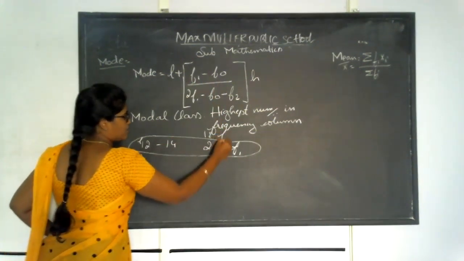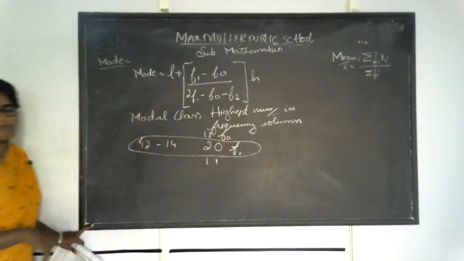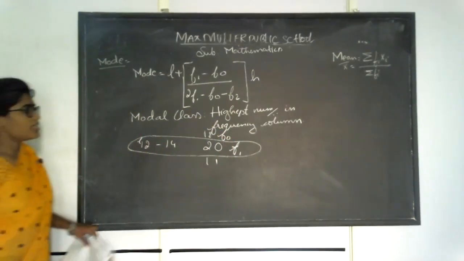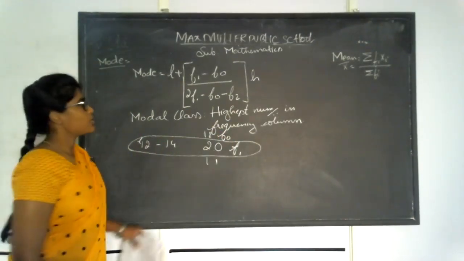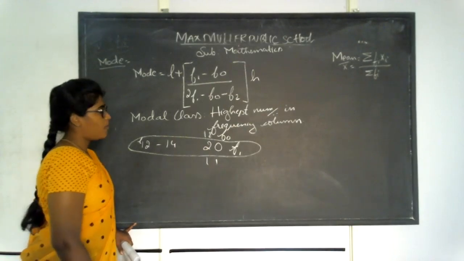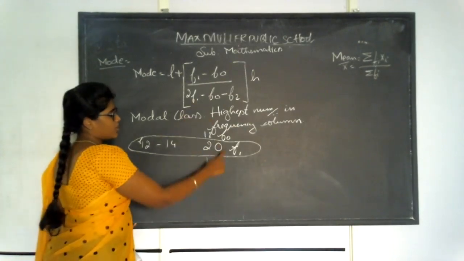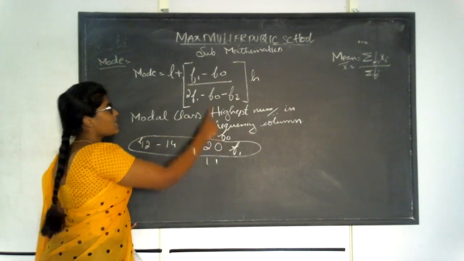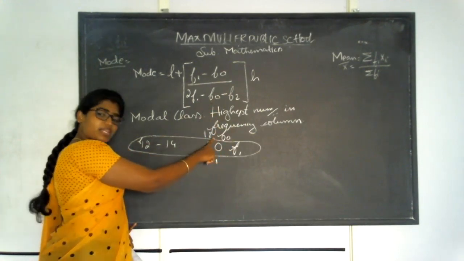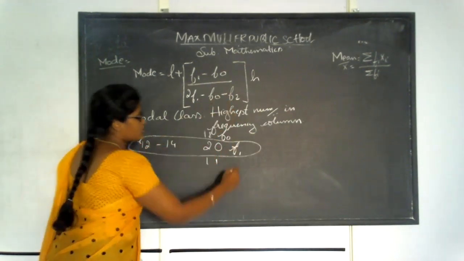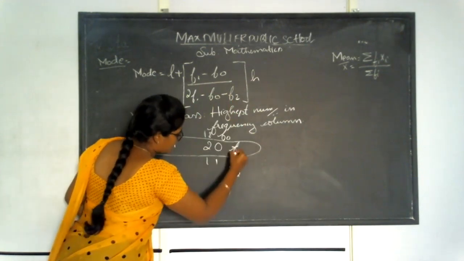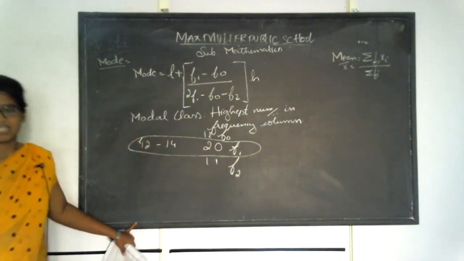The preceding frequency, that is, the number before F1, the preceding frequency of your modal class. And F2 is the succeeding frequency of the modal class.